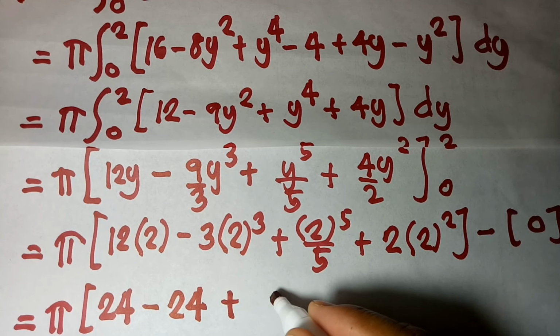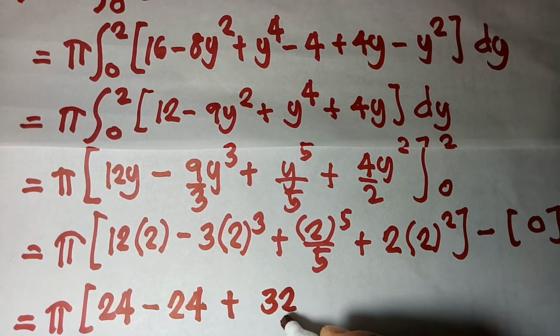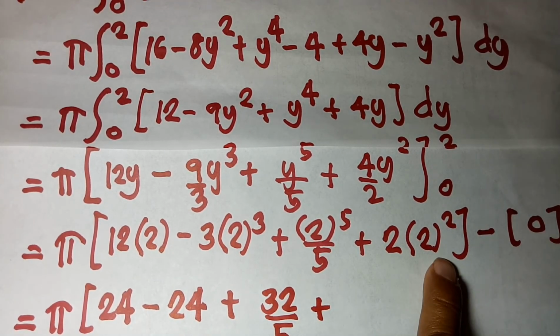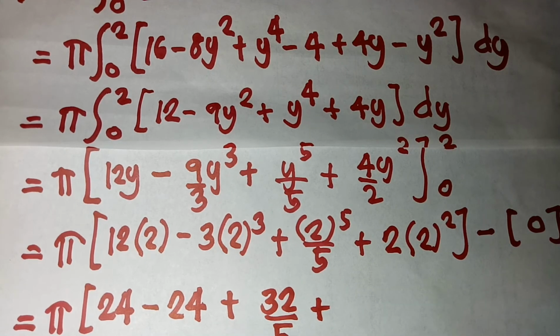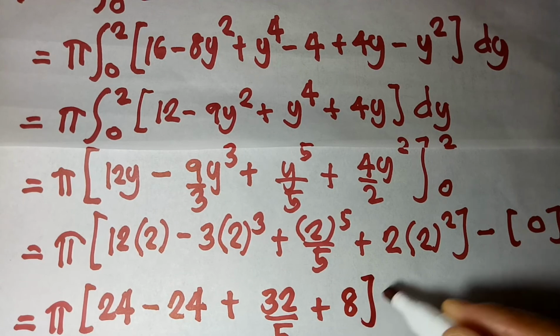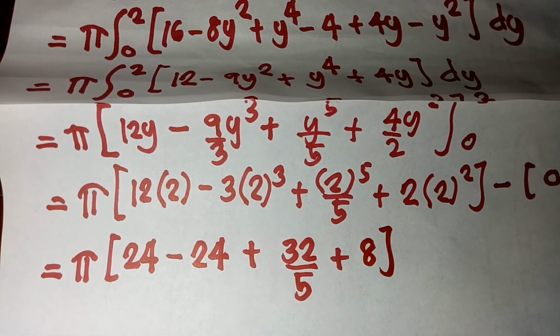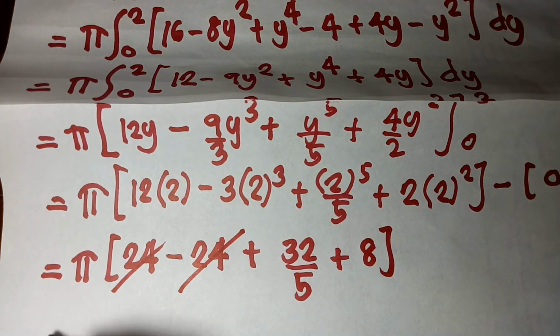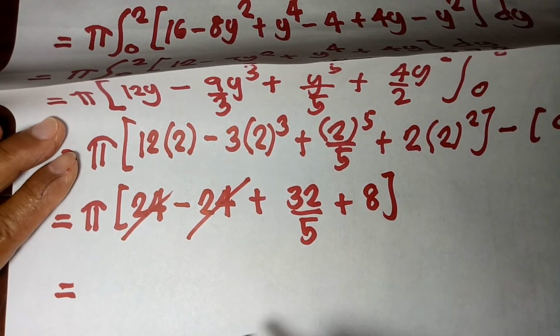So I will have plus 32 over 5. And then plus 2 squared ay 4, and then times 2 ay 8. So plus 8. So 24 minus 24 is 0. So matitira na lang sa atin ay pi.